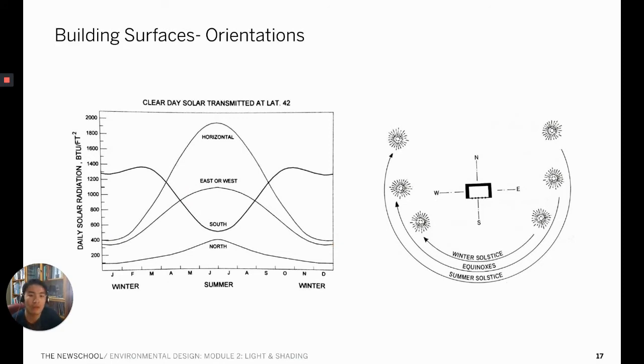Here's the question. Based on this graph, which window orientation needs the most shading in the summer? The graph shows that on June 21st, a horizontal skylight of the roof received the greatest amount of solar radiation.